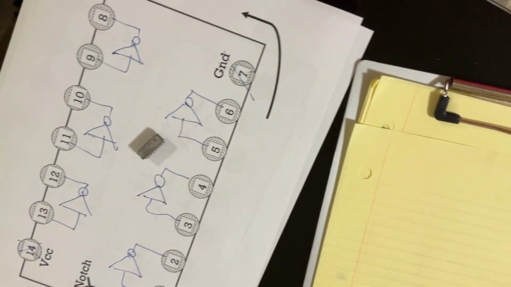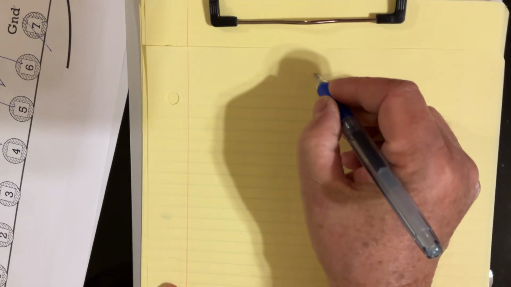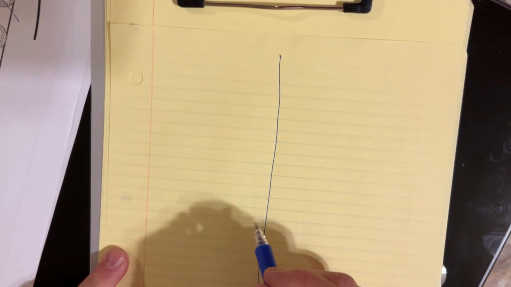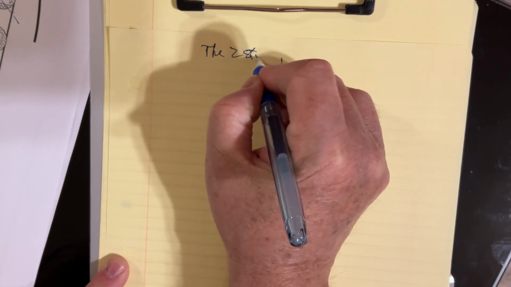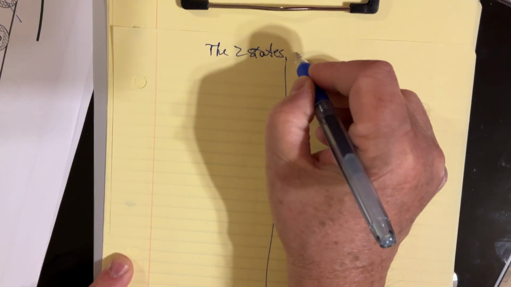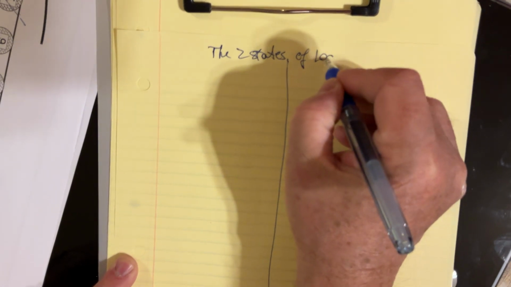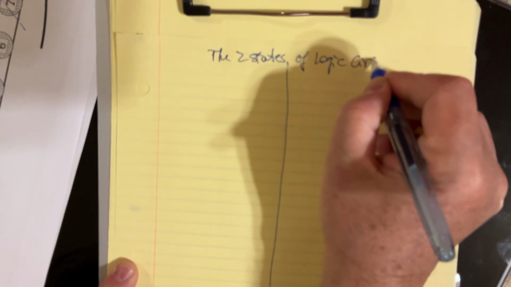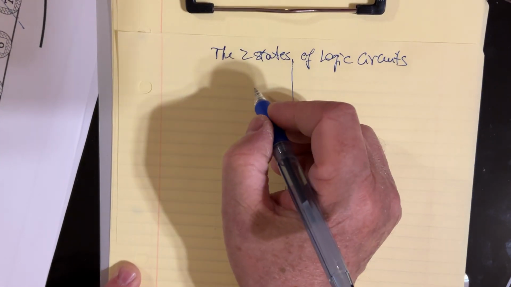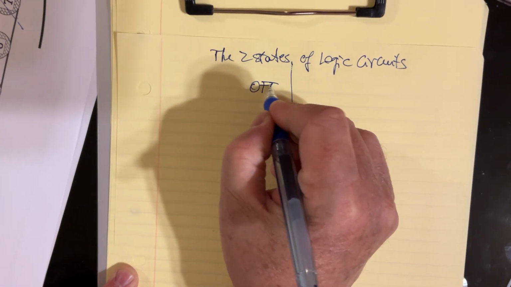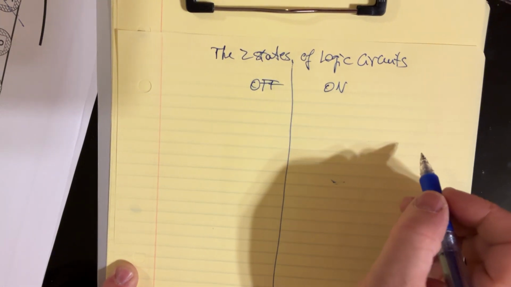The second thing to recall was a table we've made. I'm going to make it bigger, showing the 2 states of logic circuits. The 2 states, like a switch going off or on.